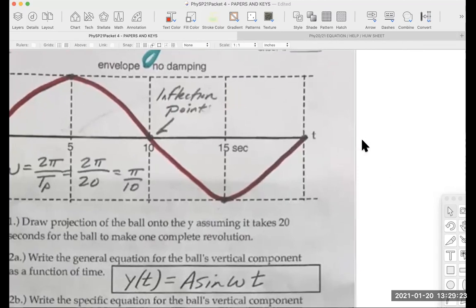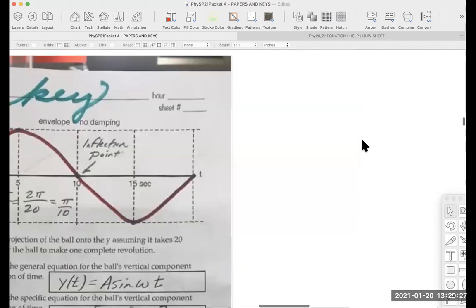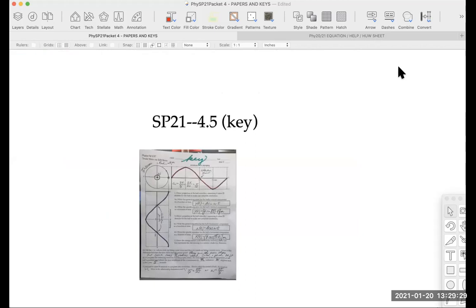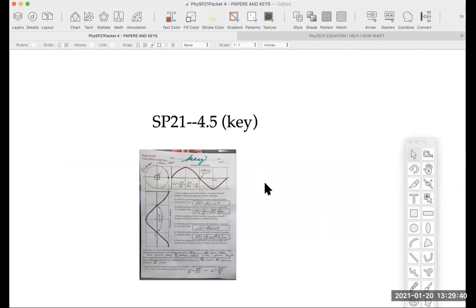Hold on. So it's A sine omega t. Hold on, let me try this. Get rid of that. Let's do that. I only have one screen to work with here. And blow this down a little.